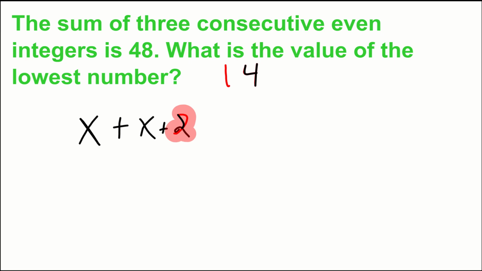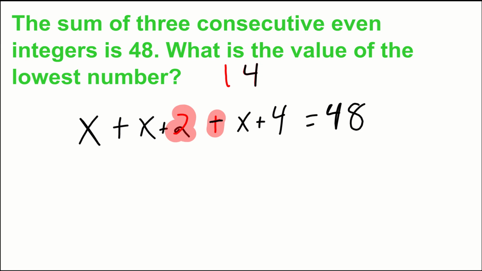Then my next one is going to be 2 higher than that. So we're going to add on 2 more, so we'll make that x plus 4. Everybody kind of follow on that? And then all that is going to equal 48.